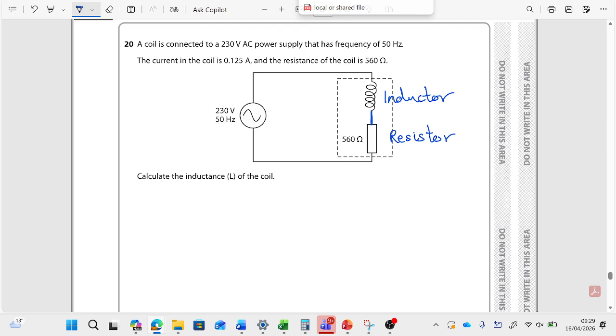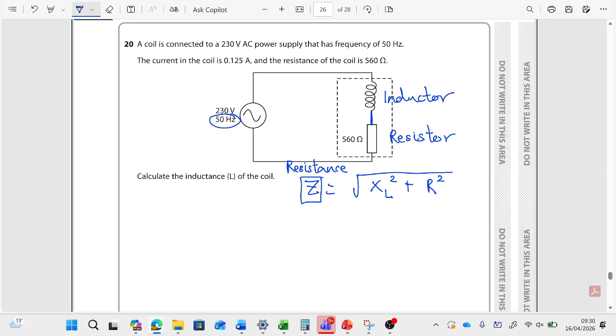Nevertheless, I'm just going to straight away put in my equations. So yes, the reactance for the inductor plus the resistance of the resistor will find me the impedance. And I will say this again: why is it called impedance? Impedance is the same as resistance, except the resistance can change due to the frequency.